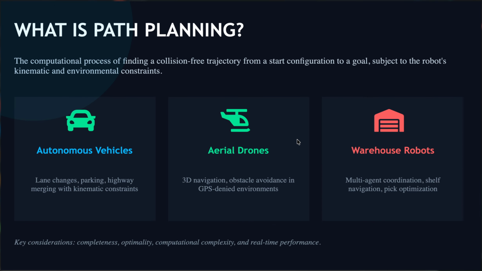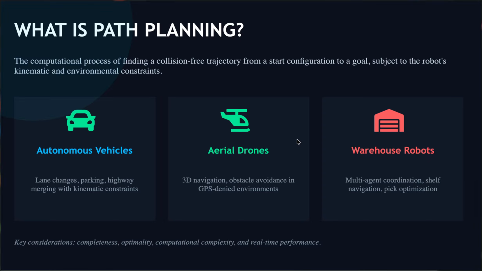Now, what is path planning? Path planning is basically a process of finding a collision-free trajectory from a start configuration to a goal, subject to a robot's kinematic and environmental constraints. For instance, autonomous vehicles, as the name suggests, rely on software and can perform tasks with minimal manual input, might it be changing lanes, parking, highway merging, or anything else.